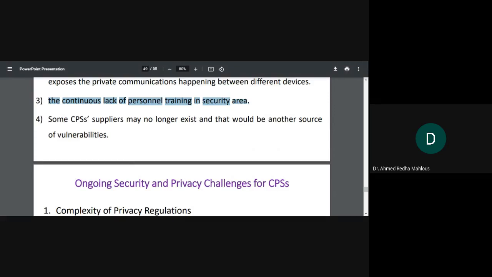It will not prevent and protect you against new attacks, or new malware or viruses. So this is one of the problems that exists, specifically, as we mentioned, for the CPS devices. These are big devices, big machines that have been purchased a long time ago, and because of the non-existence of the suppliers, you cannot patch and protect those CPS against new attacks.